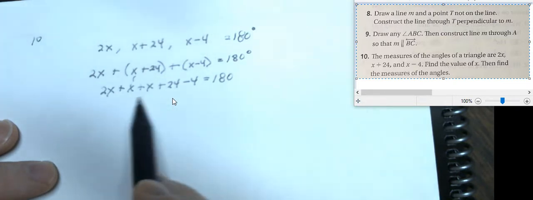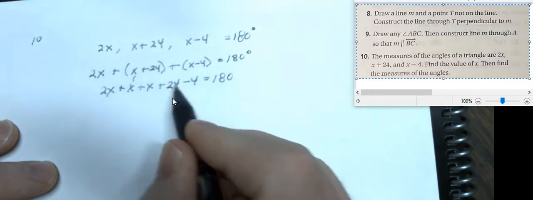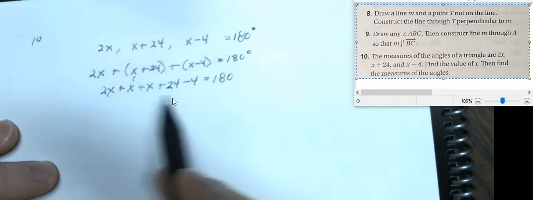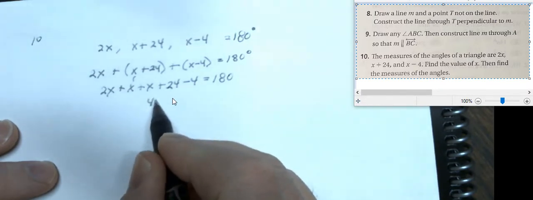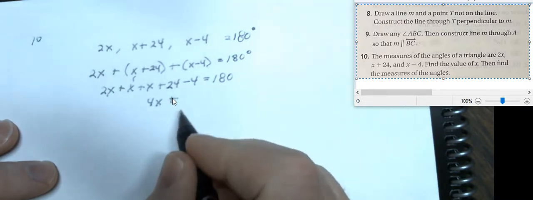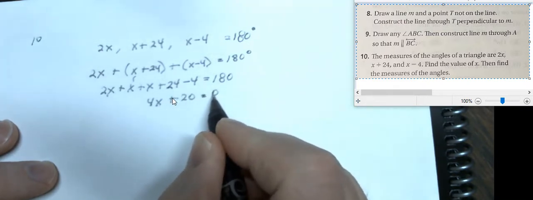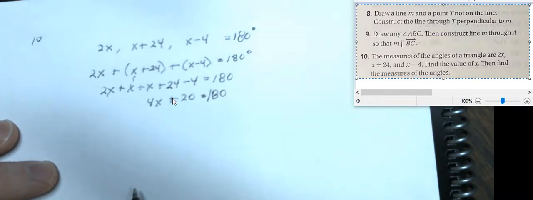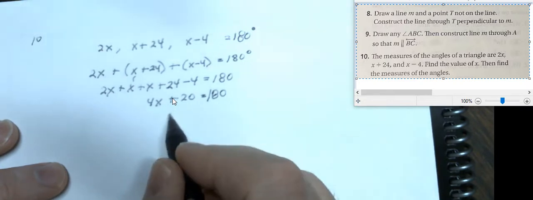All I'm doing is rearranging these in order for them to look the same. And then I can take all my x values together, so that'll make 4x plus 24 minus 4, which would be 20. It's 180.